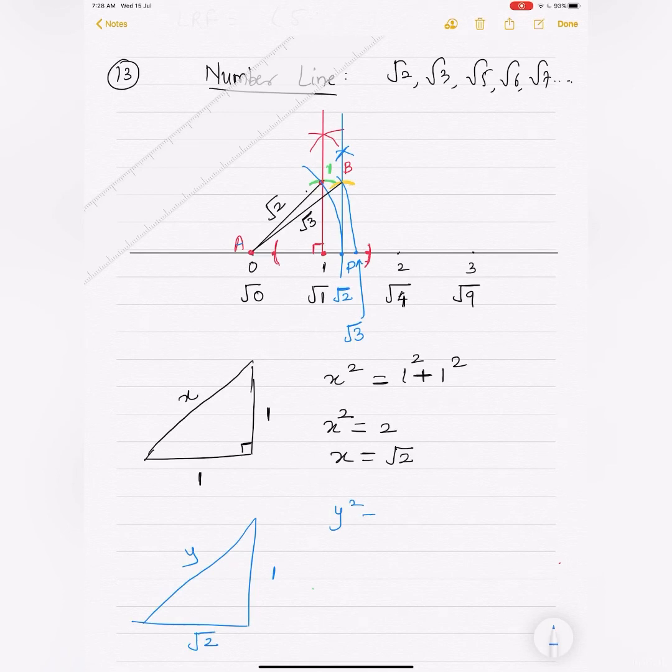So y squared is equal to root 2 squared plus 1 squared. Now what is root 2 squared? 2. 1 squared is 1. So you'll get y squared is equal to 3. So y is equal to root 3.